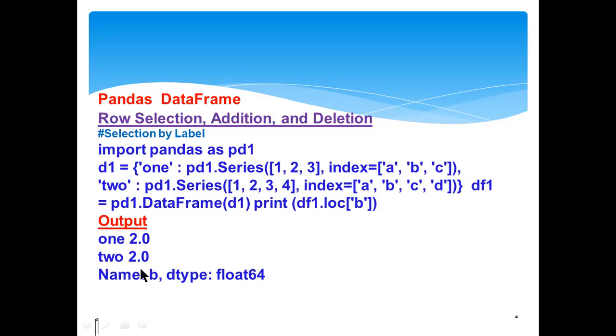You can retrieve the second column here, named B. It will show the position of that 1 and 2. See, the position is 2, and here also it is the second position. So 1 is in the second position, and 2 is also in the second position.